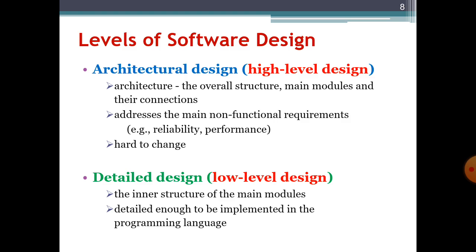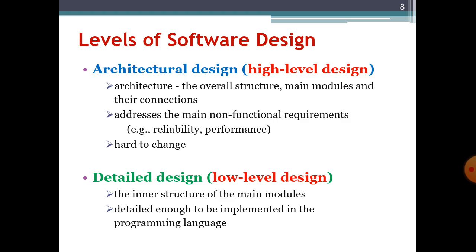So basically architecture is concerned with issues which are beyond the algorithms and data structures of the computation. And you can also say that detailed design is concerned with the modularization and the detailed interface of the design elements, like their algorithms, procedures, and different data types. All of these are concerned with the detailed design. So in short, architectural design is the high level design and detailed design is the low level design.